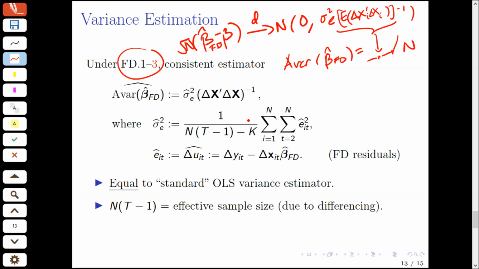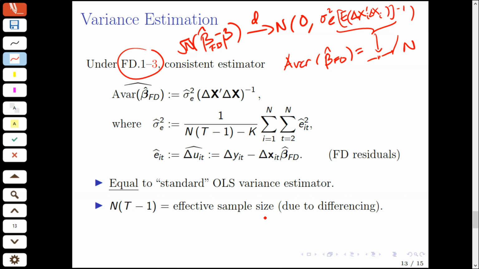Now the reason for the standard OLS variance estimator to hold in this case is that n times T minus 1 is in our case the effective sample size. And we are not implicitly doing an estimation of n individual specific intercepts.